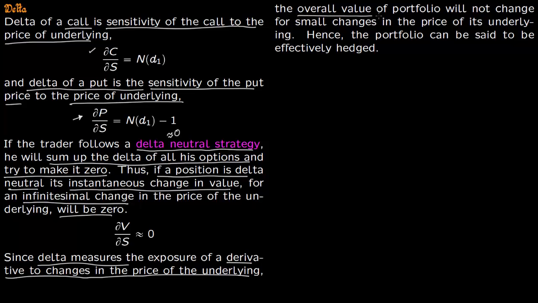And the overall value of the portfolio, that is the sum of the values of calls and puts all together in this portfolio, will not change for small changes in the price of its underlying if his portfolio is delta neutral, because a small change in price will not produce much change in the value since this delta is approximately 0. So therefore you can say the portfolio is effectively hedged.